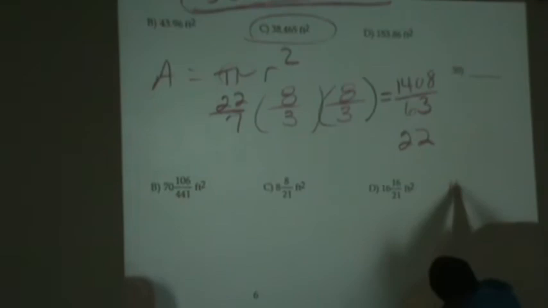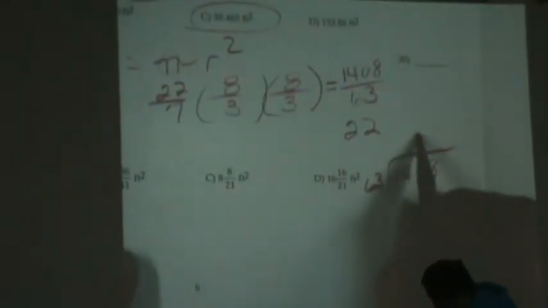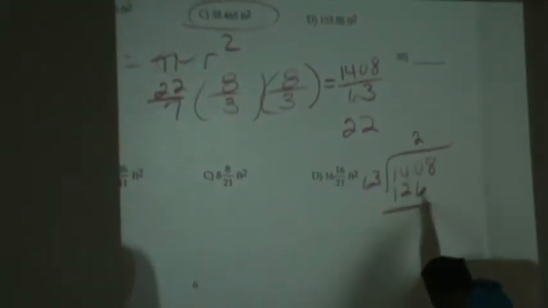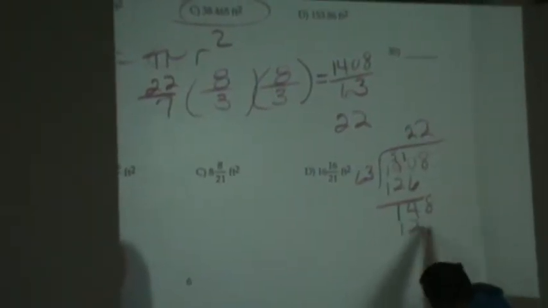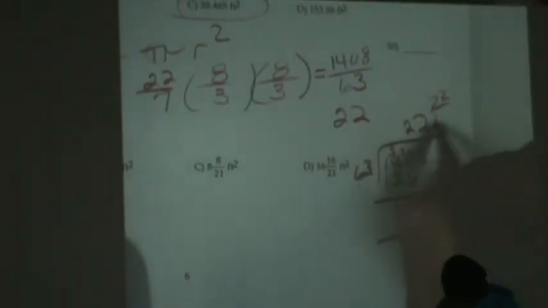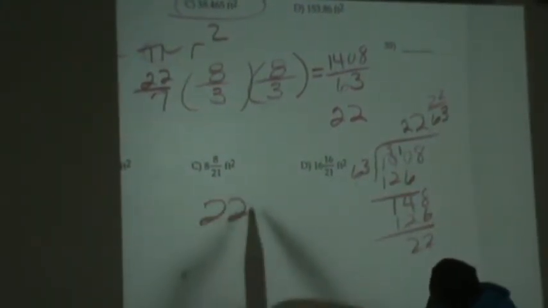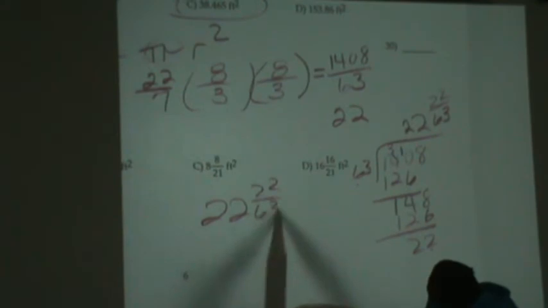Okay, let's do that. 1408 divided by 63 goes 2 times. 2 is 12. 148. 2 again. So 22/63. And our units? Square feet. Square feet.